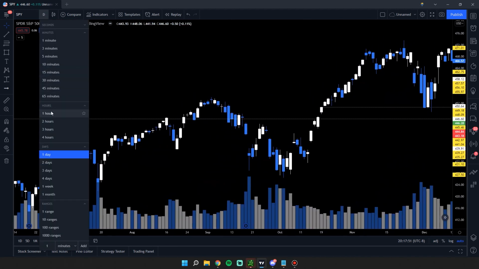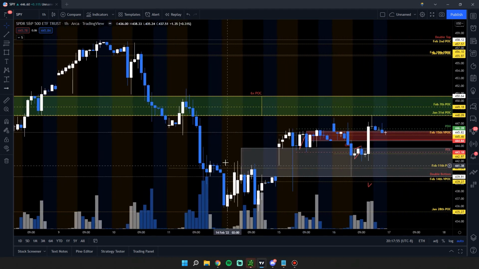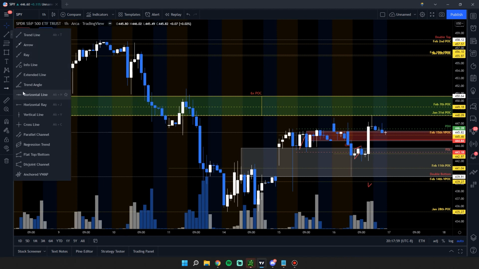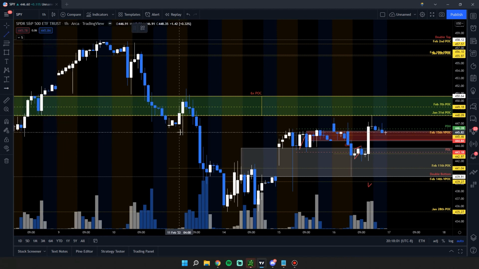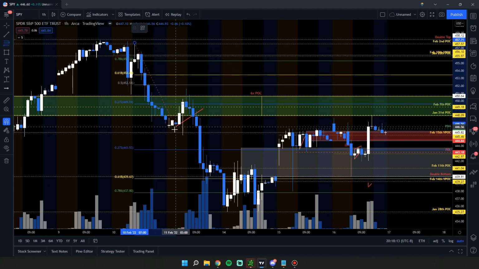Let me go to the 1 hour chart. So here, it's a little sloppy, but we have a flag here. And if I grab my fibs, this is the pole.